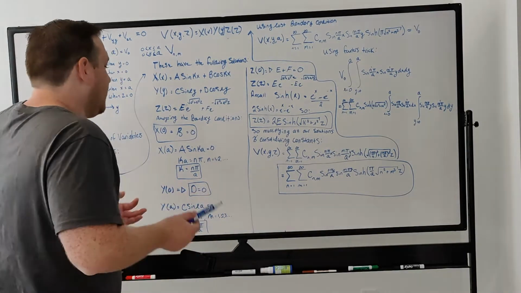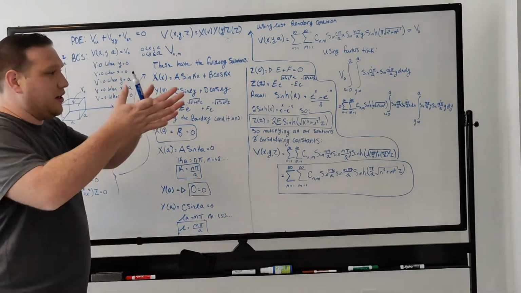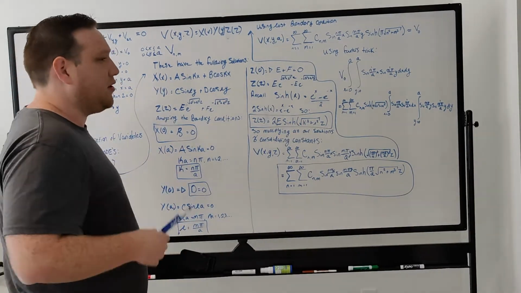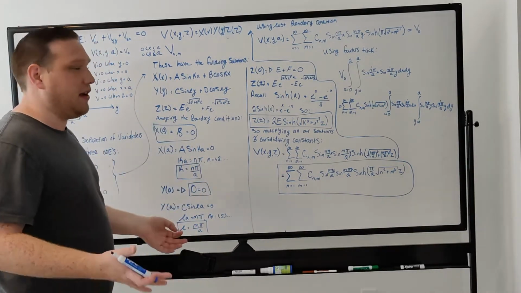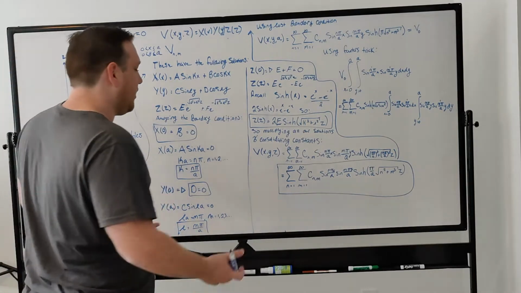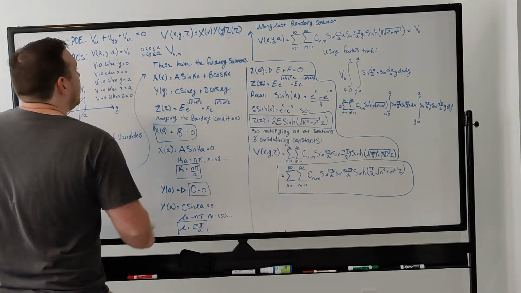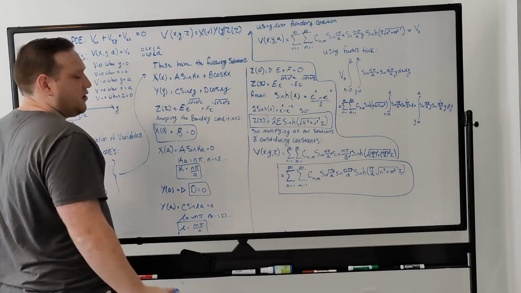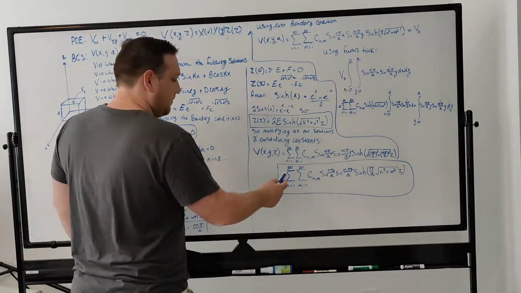So instead of using a single solution, since this equation is linear, we can do a superposition of solutions to get a bigger solution. Essentially, we're just going to sum over those integers n and m to have a superposition of solutions.